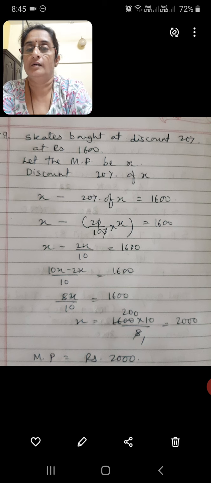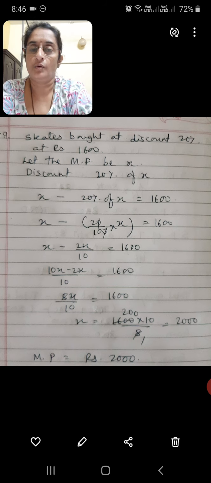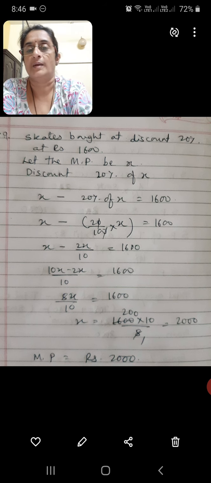From the mark price X, if you subtract 2x upon 10, you will get 1600. So the X value when you calculate is 2000. So 2000 is the marked price. So on that skate, the tag price was 2000. He got 20% discount on that, and after discount the price is 1600.